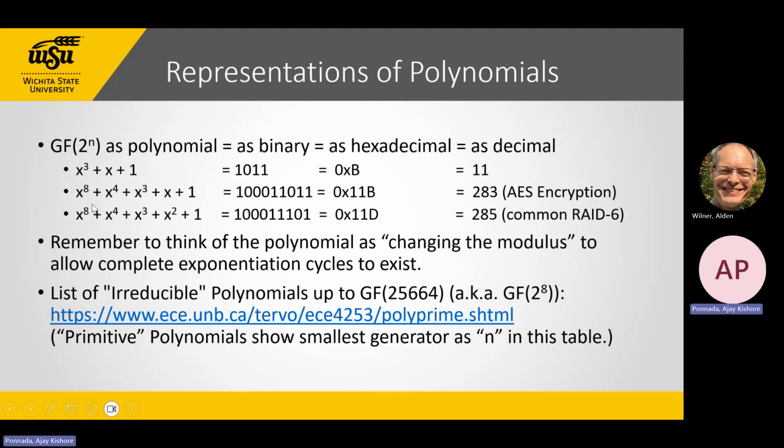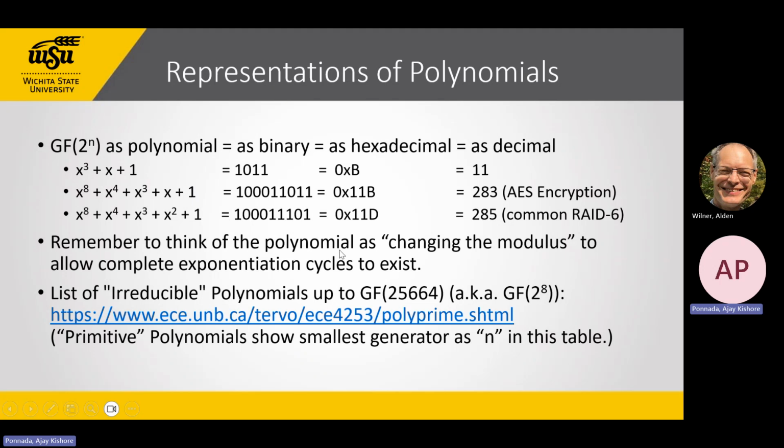And again here, x power 8 and 3 zeros, 4, 3, 2, and there is no x term, so it's 0 and 1. I guess you know how to convert from binary to hexadecimal and hexadecimal to decimal. It's easy. Just take a polynomial and you can easily convert it into binary, hexadecimal, and decimal. That's how we represent polynomials in binary, hexadecimal, and decimal.